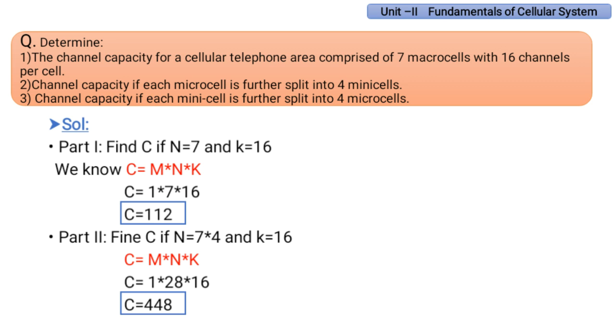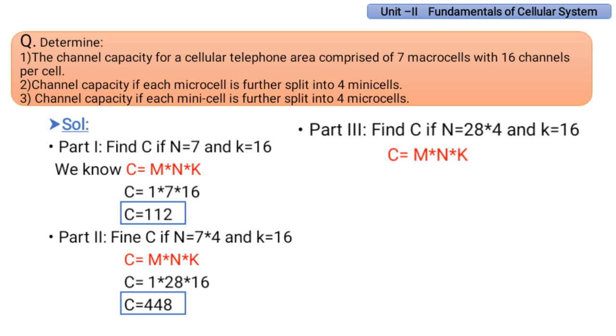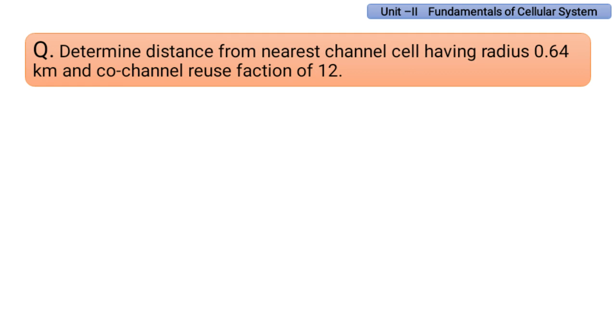The mini cells are further split into 4 microcells. So we have N is equal to 28 into 4. The same procedure is repeated again, so C is equal to 1792.